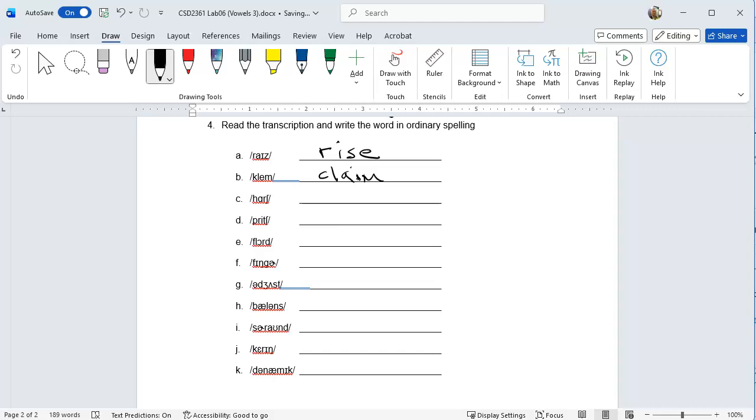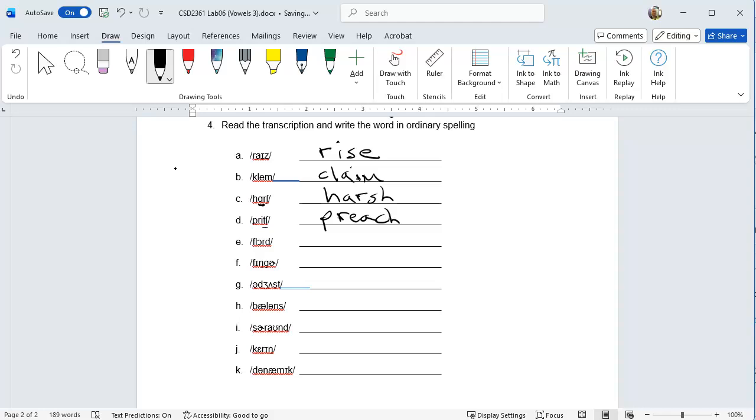Next one has the AR sequence in it, so harsh. Next up, we've got the E vowel, so that's preach with the ch affricate at the end there, one of our fancier consonant symbols.